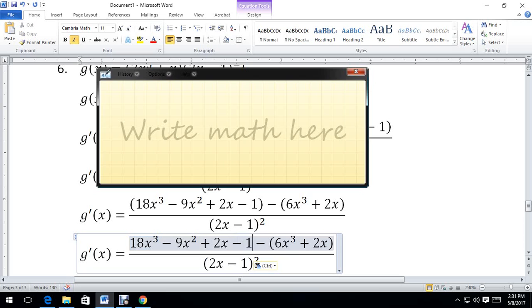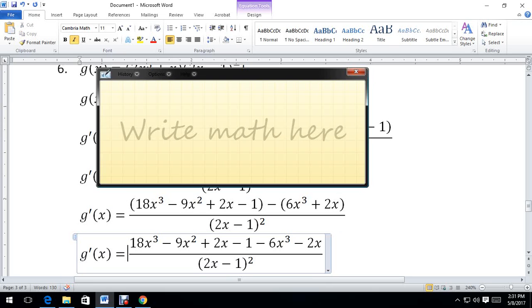As for this part here, we need to distribute the negative sign to both, so negative 6x cubed, and negative times positive is also negative. Okay, from which we can now simplify further by adding like terms.